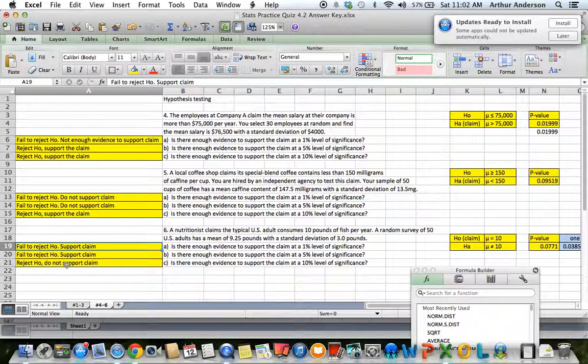So therefore, we do not support the claim. There's not enough evidence to support the null hypothesis. When the level of significance is 5% or 1%, because the p-value is greater than the value for alpha, then we fail to reject the null hypothesis, and therefore we are supporting the claim.